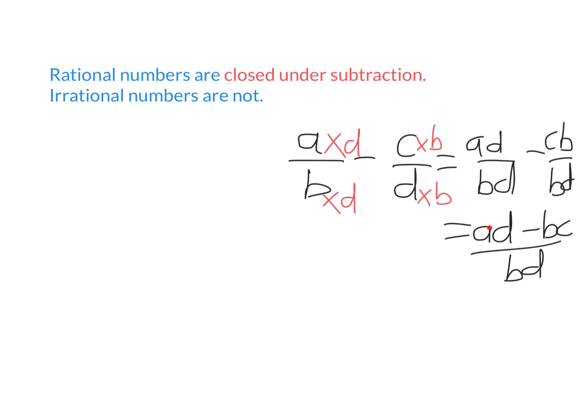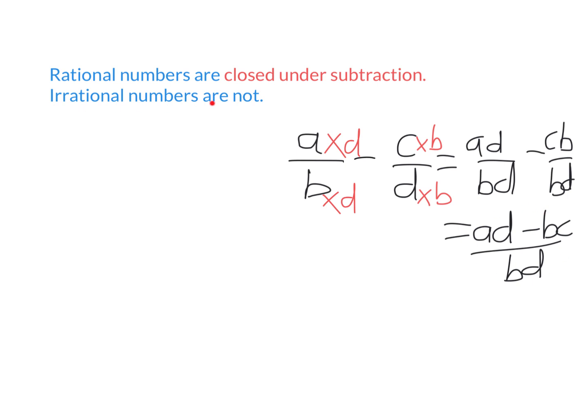So this here will be an integer, this will be an integer, so ad minus bc, the difference between two rational numbers, gives us a fraction with an integer as the numerator and the denominator. That proves that rational numbers are closed under subtraction. If you take a rational number, subtract another rational number, your answer is rational.